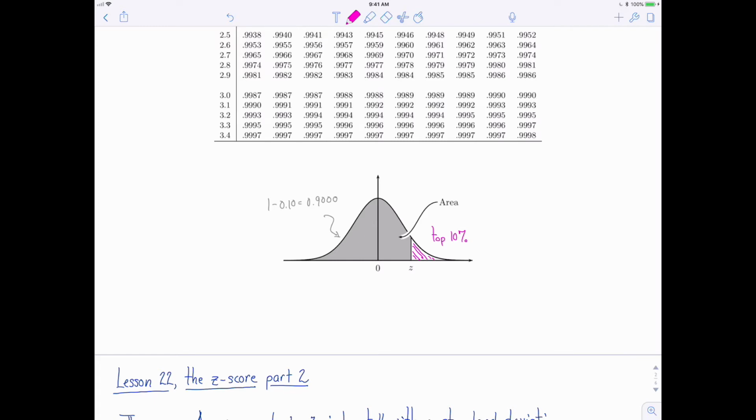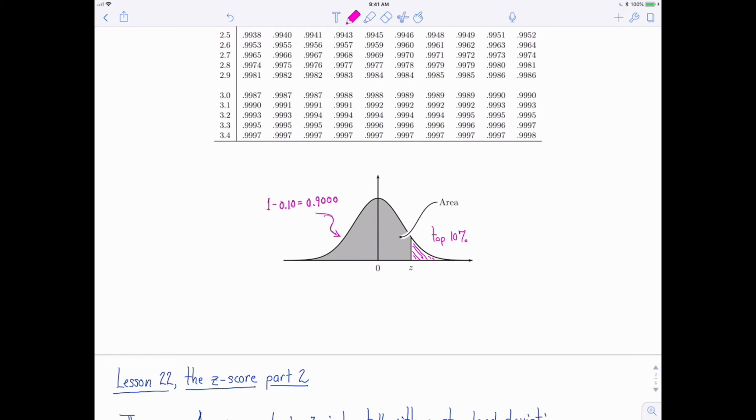But the problem is the table doesn't give us the top 10%, it just gives us the lower portion. Well, the lower portion we find by taking 1 and subtracting our 10%. And what we find then is the gray region here. The gray region is 90% of our picture.